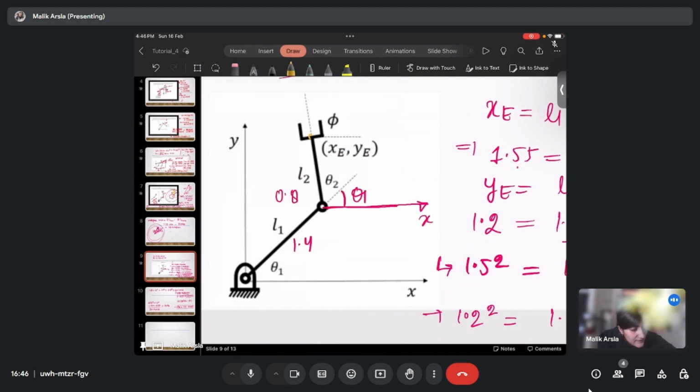If I connect this point with this point, and let me call this angle alpha. Okay, this angle is theta 1, this angle is alpha.